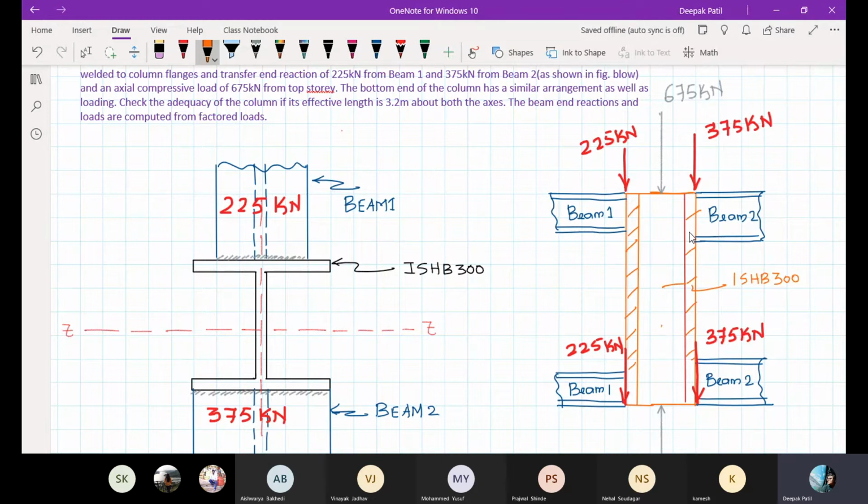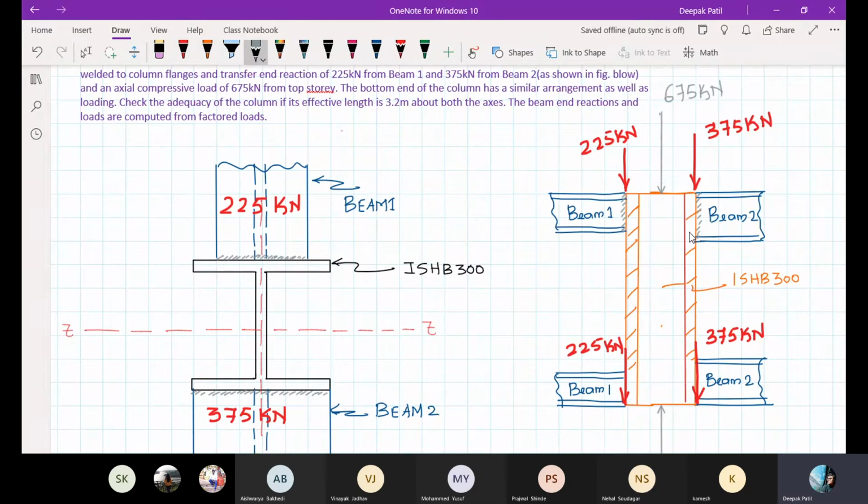On the top side, this is beam 1 and this is beam 2. These are the flanges of the beams. One beam is getting connected to this column and another beam 2 is also getting connected to this column. Now, what they have told is that these beams have been welded to the column. Here there is a welding. I will tell you why he has mentioned this part.